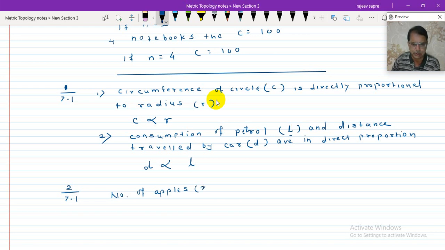So this is x, किती ॲपल्स, तो नंबर x ने दर्शवतोय आपण, आणि कॉस्ट इन रुपीज हे आपण y ने दर्शवतो. आणि त्यांनी डेटा दिलेला आहे तुम्हाला 1 से 8, 4, 32.